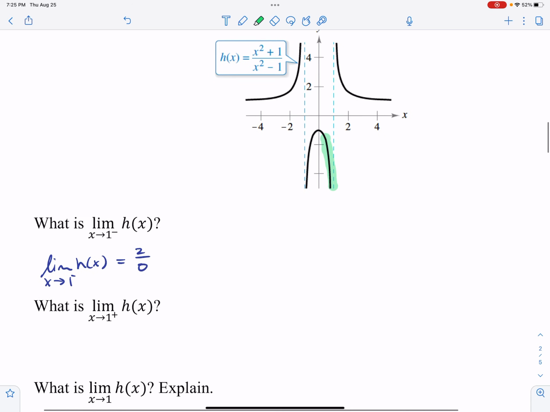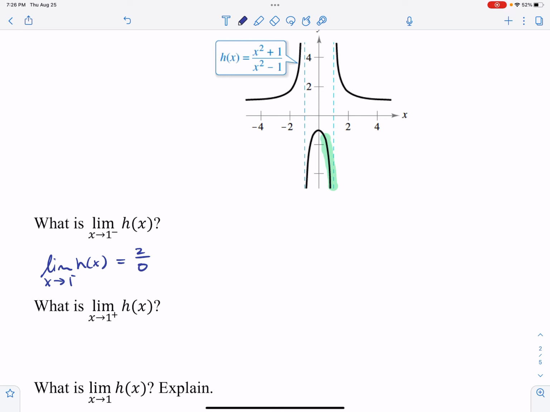We could confirm this by thinking about substituting a value directly to the left of 1 in for x. So doing a test value, where if we get a positive value from that test value, it would mean that the graph is approaching positive infinity, whereas if we get a negative value, it would mean that the graph is approaching negative infinity.